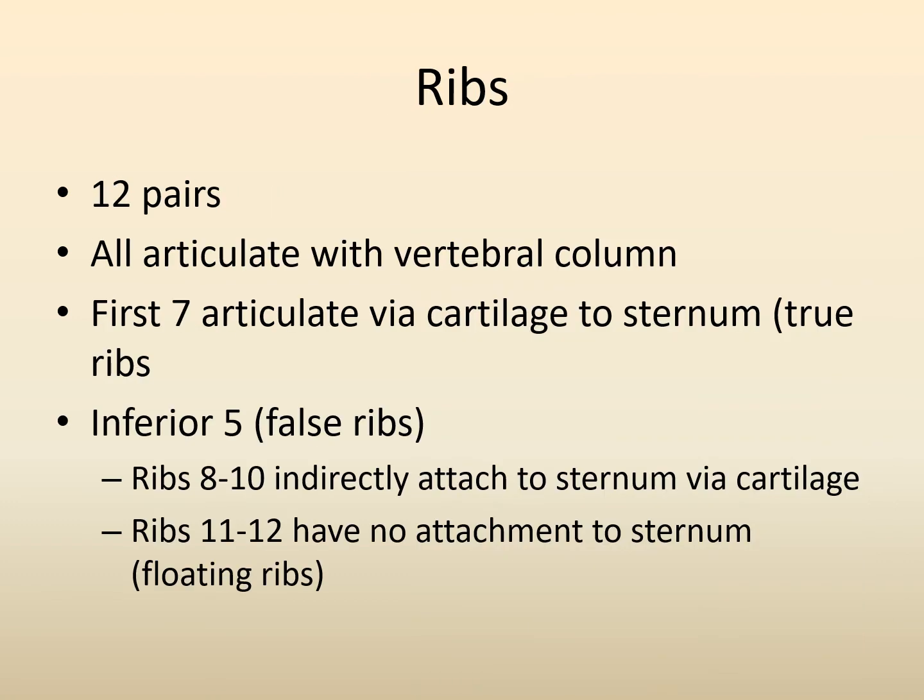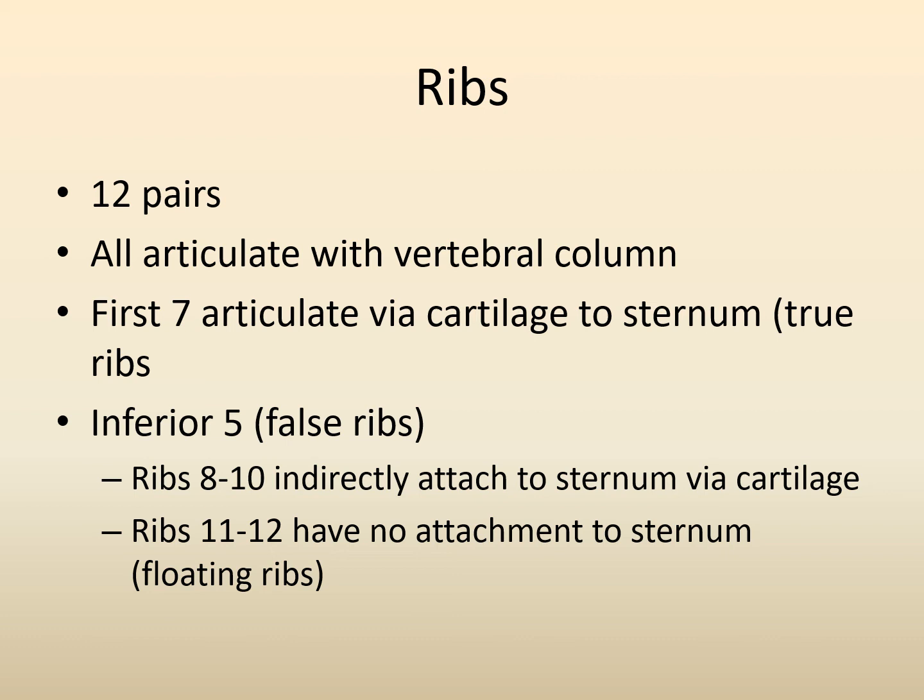The ribs, there are 12 pairs of ribs. All of them will articulate, or join, articulation being the joint, with the vertebral column on the posterior side. But on the anterior, the front side, only the first 7 will articulate to the sternum by the costal cartilage. So the first 7 are referred to as your true ribs.